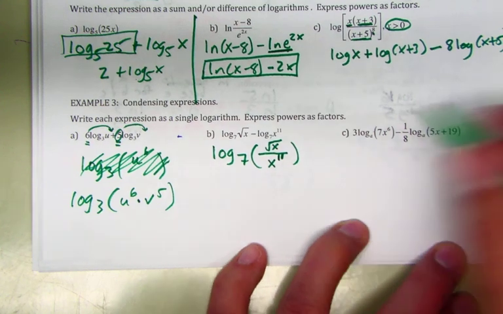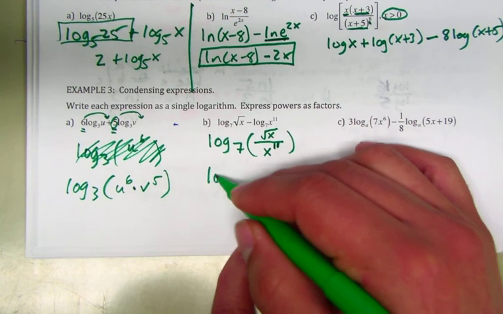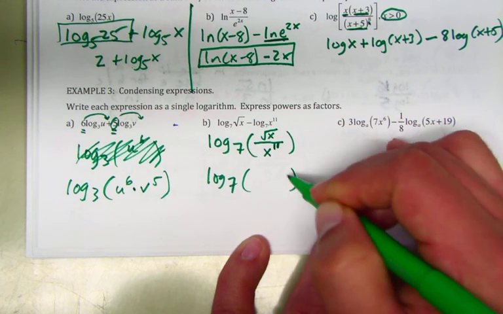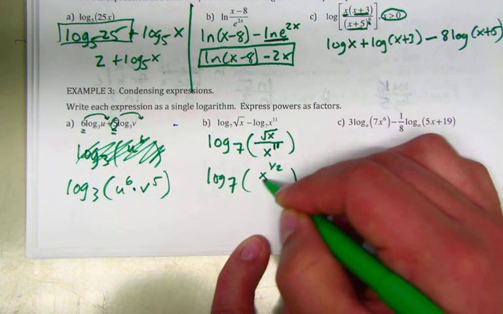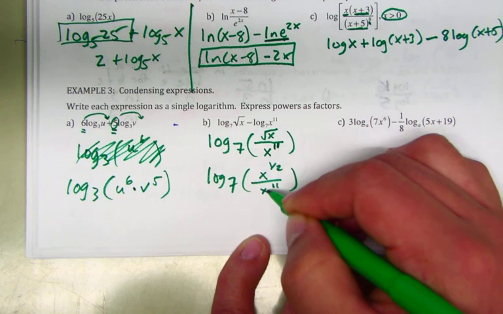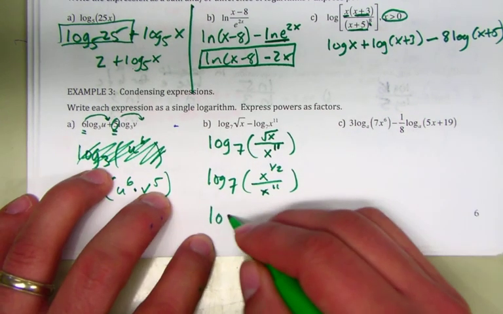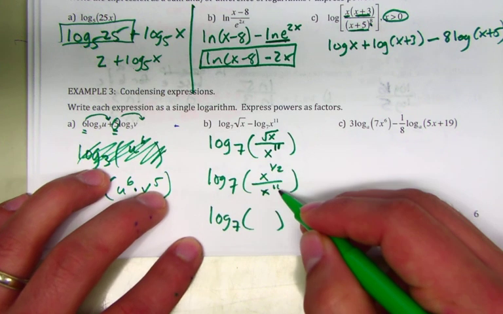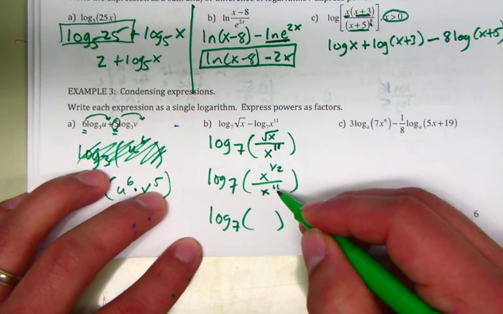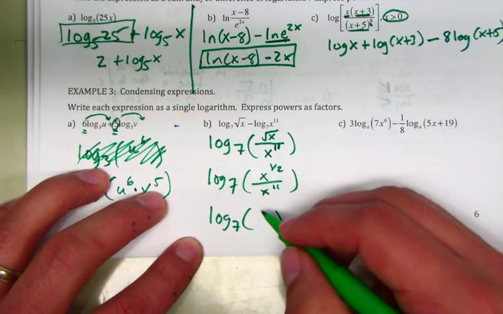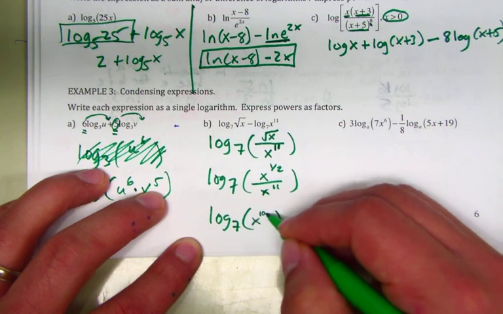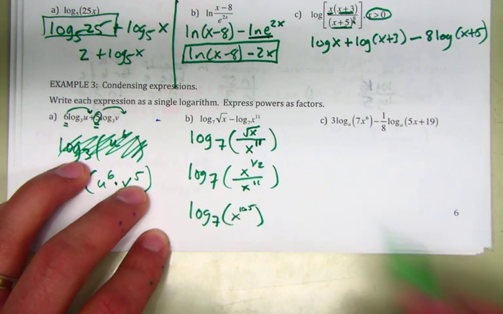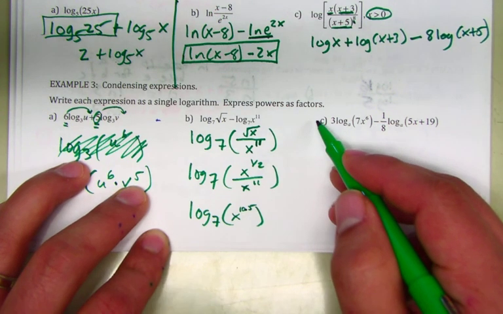Is that what they mean? Let's see. What exponent is a square root? Half. And then you could now subtract exponents. 1/2 minus 11 is really 10.5. So you can write it like that. Okay? We'll pick up with this one tomorrow.